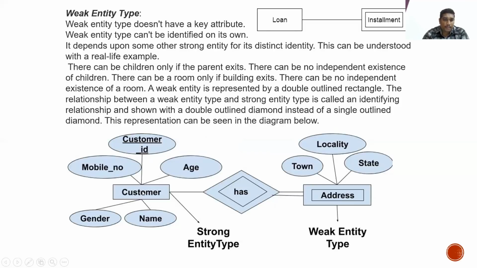Because there are two entities which have key attributes, this is a strong relationship with strong entities. Okay, if one entity is strong and one entity is weak, then this is a weak relation, so the relationship is also weak. Okay, I hope you understand it.